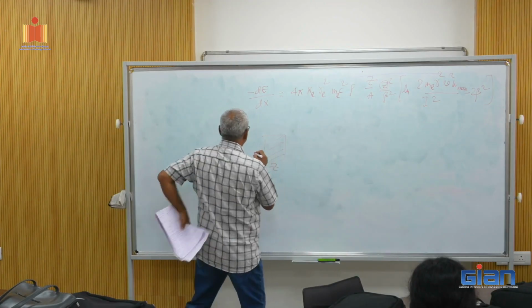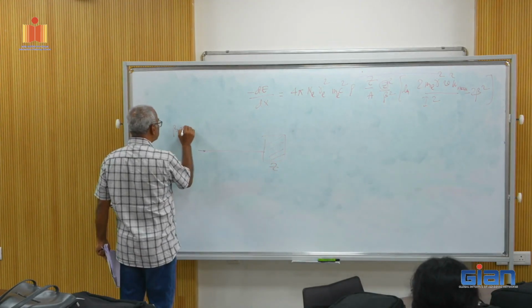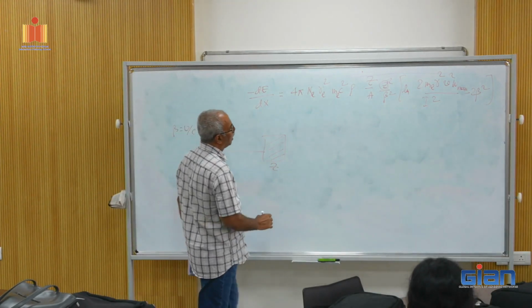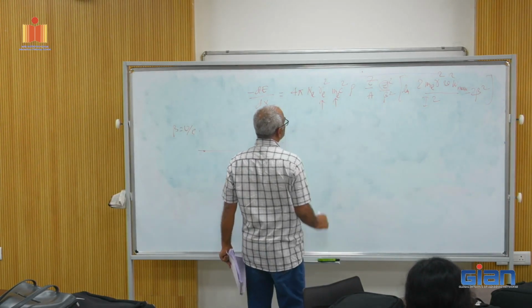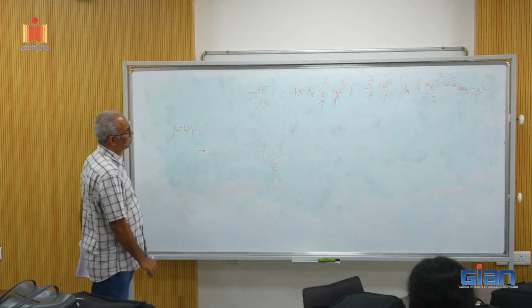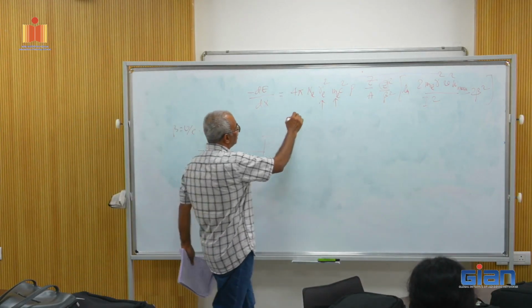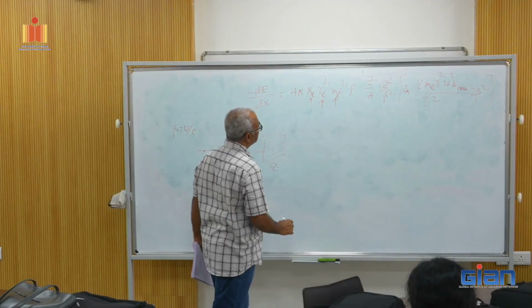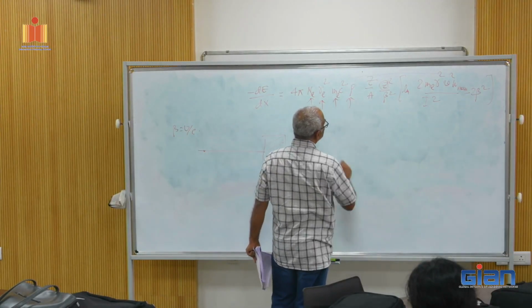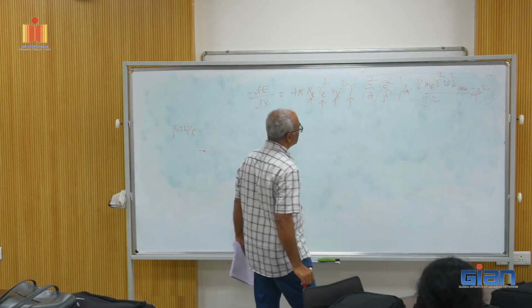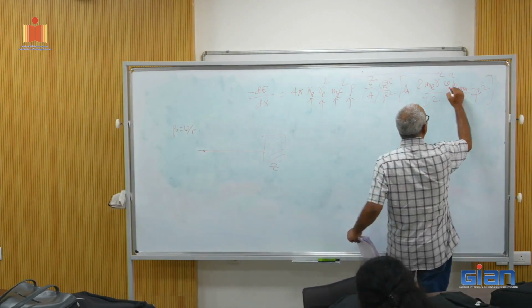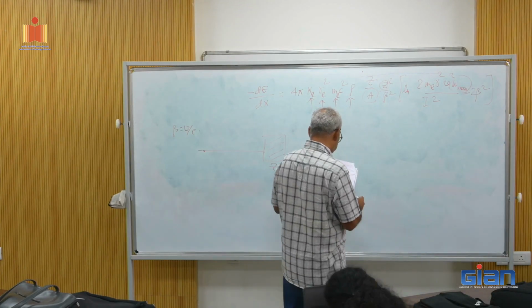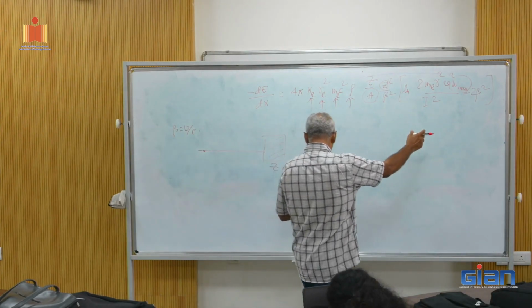And beta is V over C. You have electron mass here. We learnt Re, the classical electron radius. Then electron density, you have the density of the medium and atomic number of the medium. And this is the maximum energy that can be released in one collision.